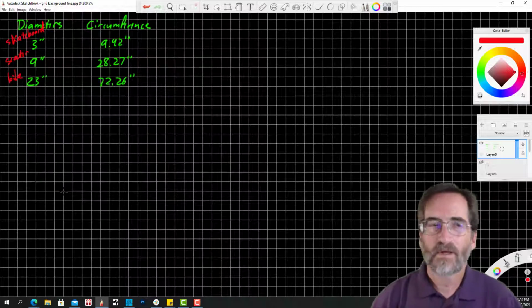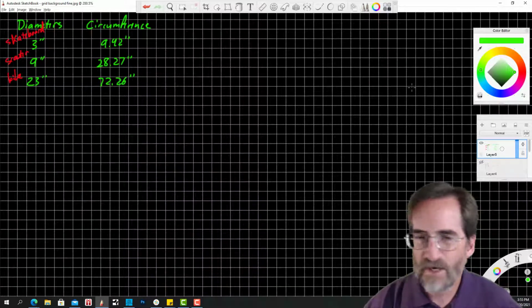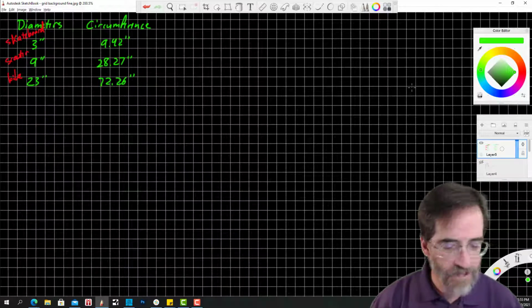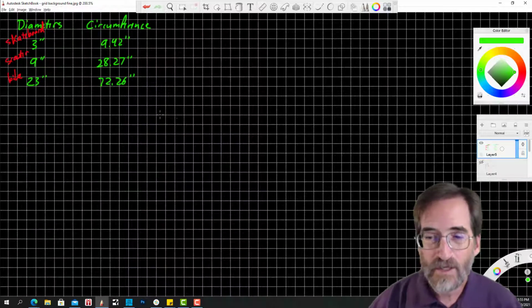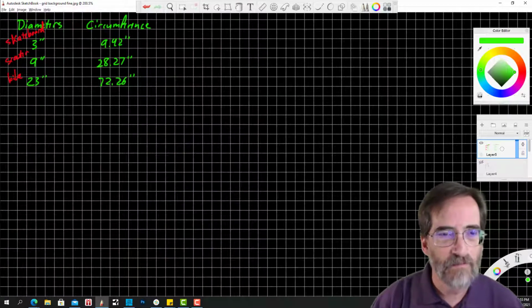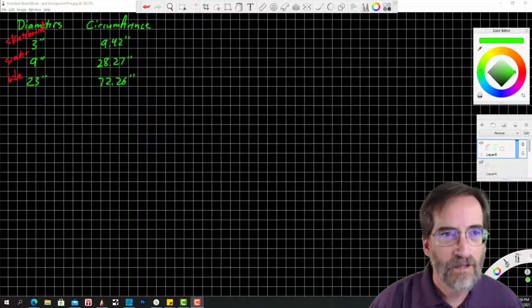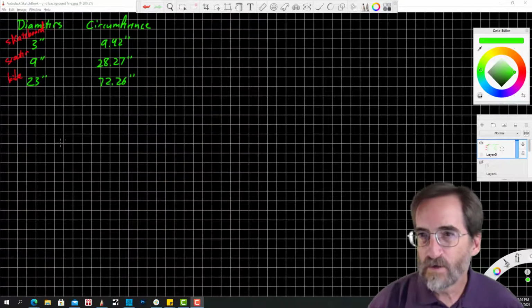How many rotations will each tire undergo in 10,000 miles is the question. So we need to know how many feet there are in a mile, how many inches there are in a mile.